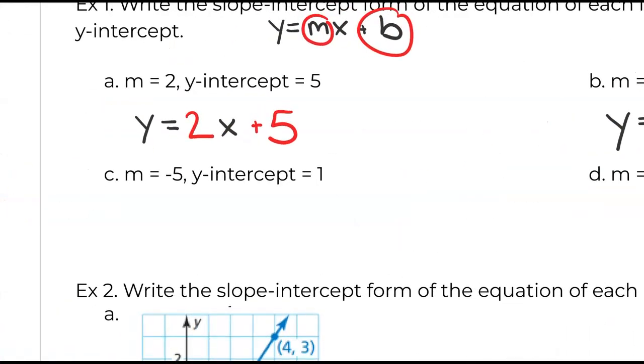Again, always pay attention to our signs. It's small, but it's a negative 5. A slope of 5 and a slope of negative 5 are two very different things. So negative 5x, and then we have a plus 1 for our y-intercept.